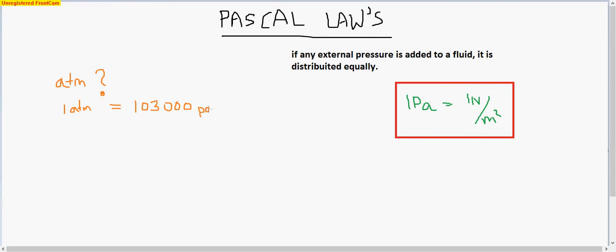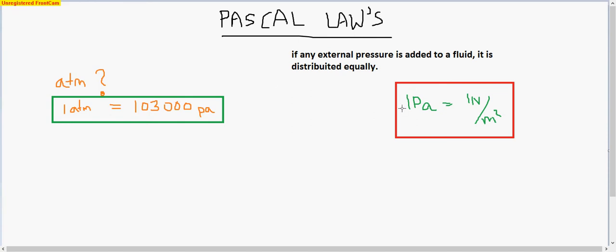Now that is quite important. It comes up in most problems related to reality, or problems related to air, where most of the time this atmospheric pressure comes out. And since the SI units are always used, you need to first convert it to Pascals for other values. So you now know what 1 atmospheric pressure is.